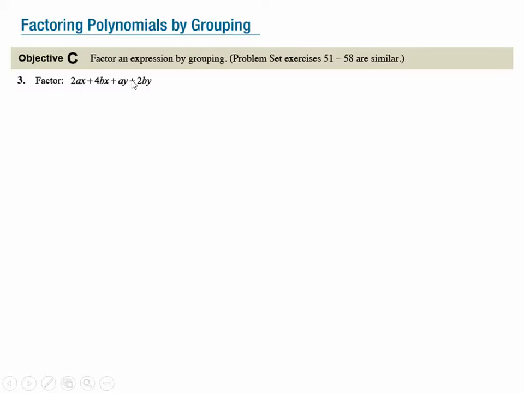I see 1, 2, 3, 4. There's 4 different pieces here. So what I'm going to do to make it easier myself, I'm going to break it up. And you break it up by putting them in pairs. So you can set up 2 parentheses, and you always want to have a little plus sign in between the 2 parentheses.